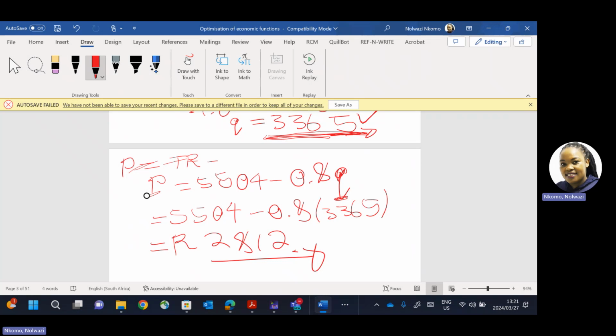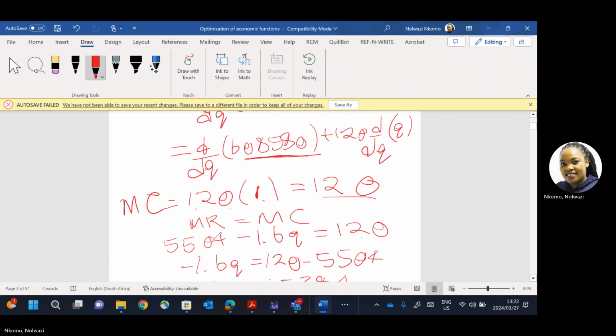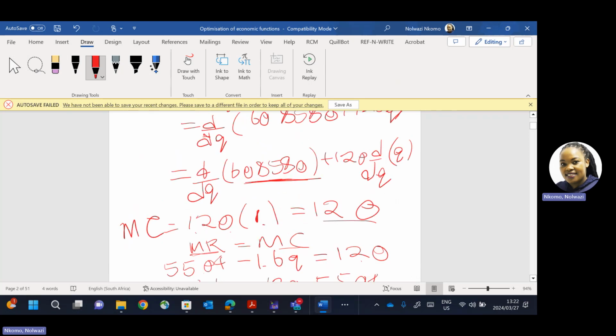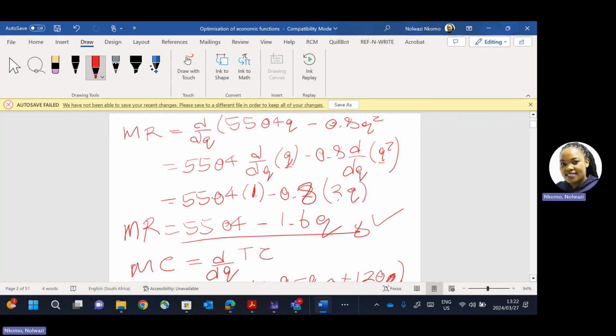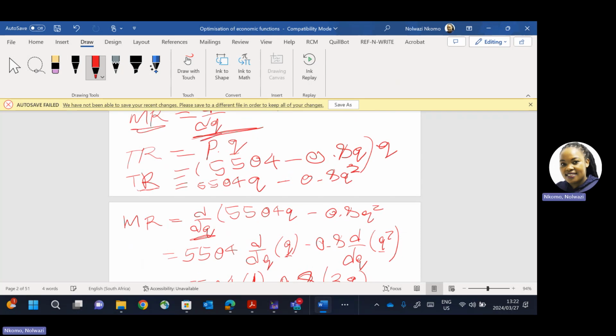And this is the price when the profit is maximized. Okay. Remember, they gave us a hint to use the marginal revenue and the marginal cost, and we did use it. This is what we obtained. And again, they said we should use the derivation, and that's what we used here and also here.